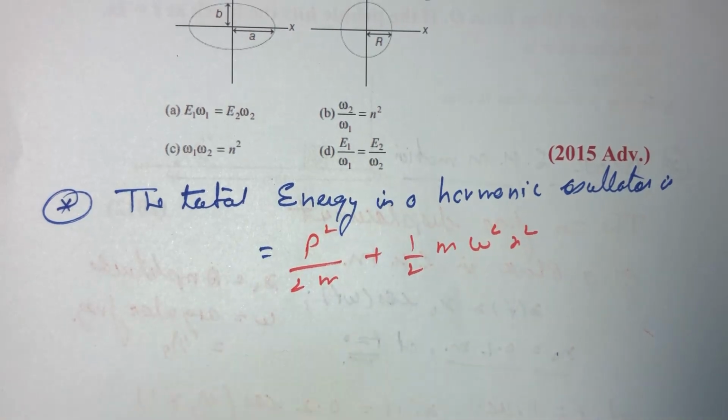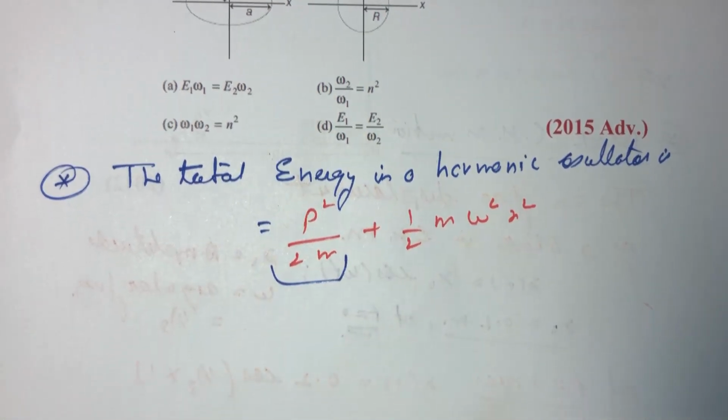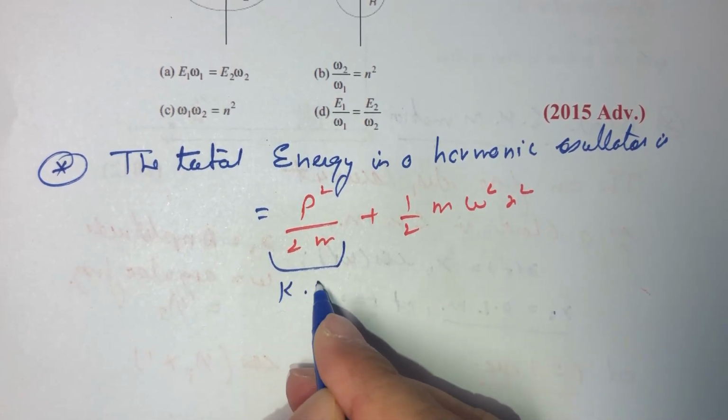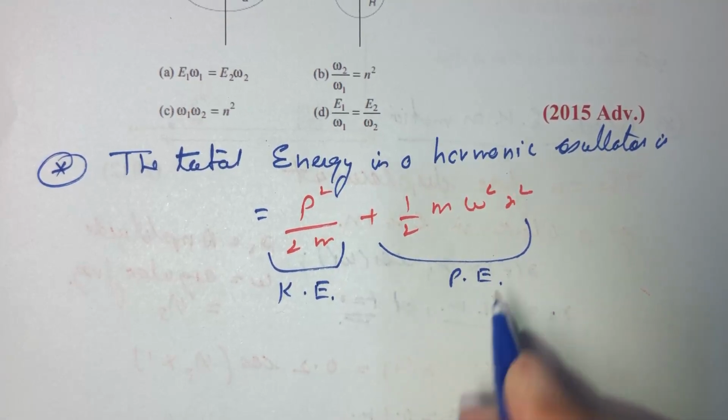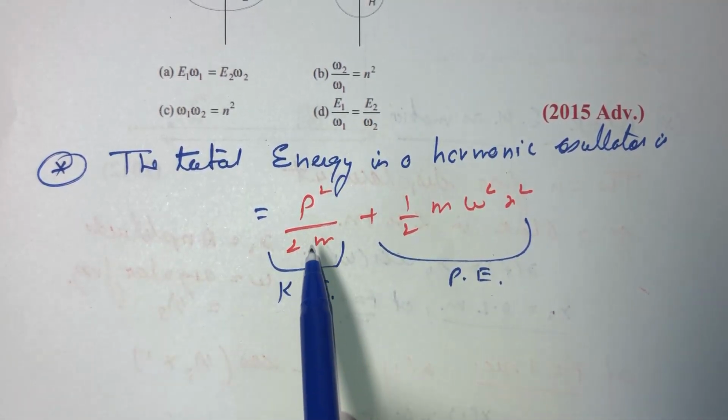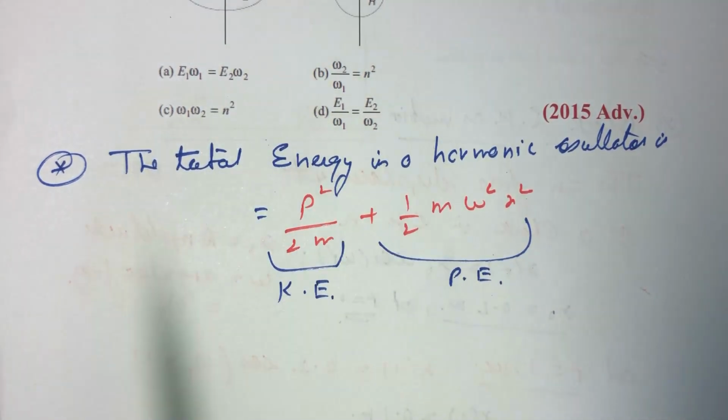So in this case, the first part is the representation of the kinetic energy, and the second part is the representation of the potential energy. Here the kinetic energy is represented in the form of the momentum because P is given as momentum.